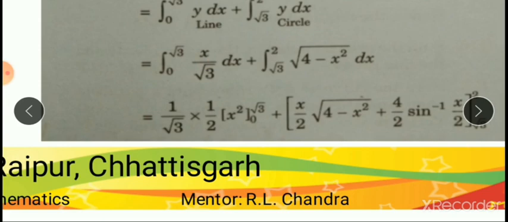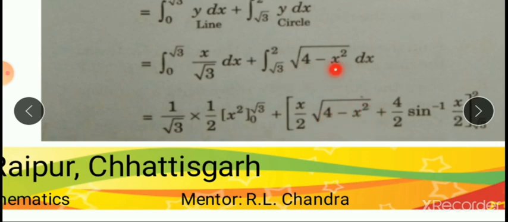Integration of x means x square by 2, that is 1 upon 2, and we have limit 0 to root 3. And in case of the root, its integration is in the form of root a square minus x square.